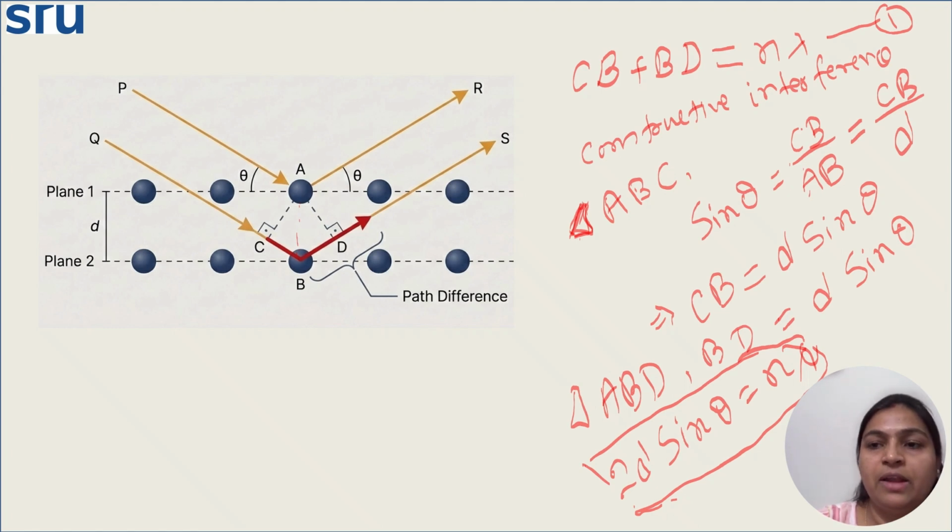So n lambda is basically the path difference. Here d is the interplanar spacing of the planes, and n is 1, 2, 3, etc., standing for first order, second order, third order reflection respectively. This condition is known as Bragg's law.